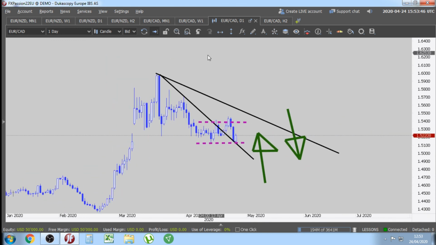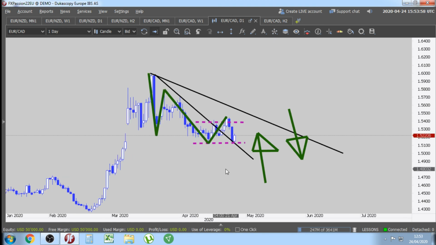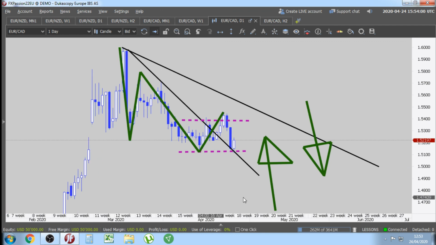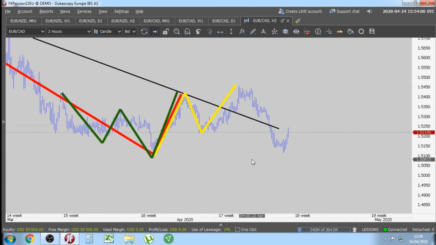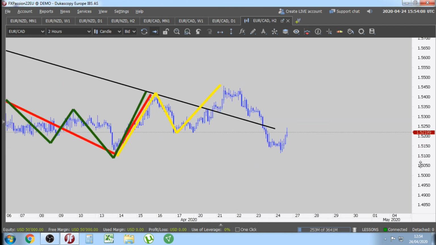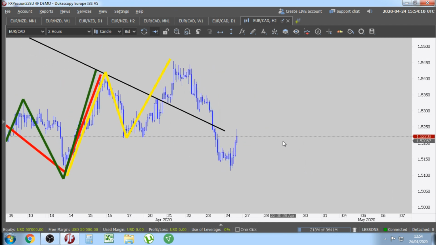For the traders who are shorting the market, so lower low, lower high, and lower low, lower high, right? Long on the 2 hour chart. Right now? Right now, any?